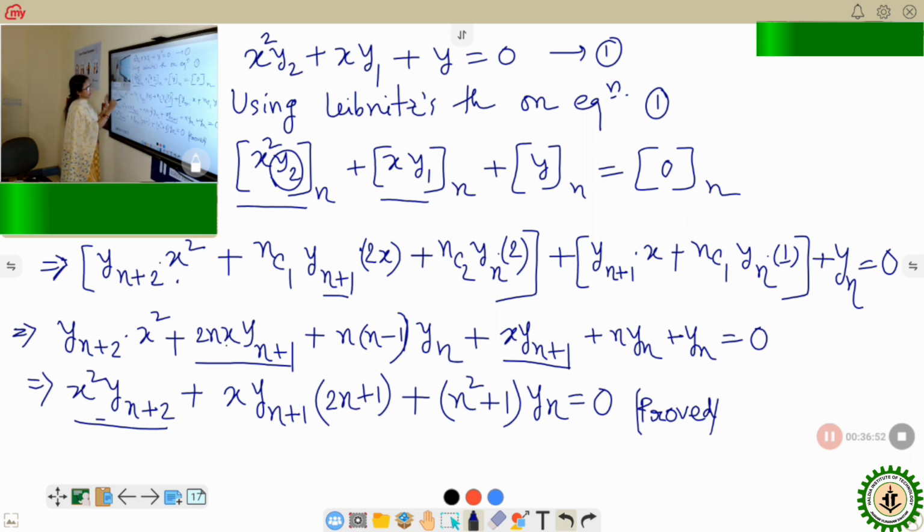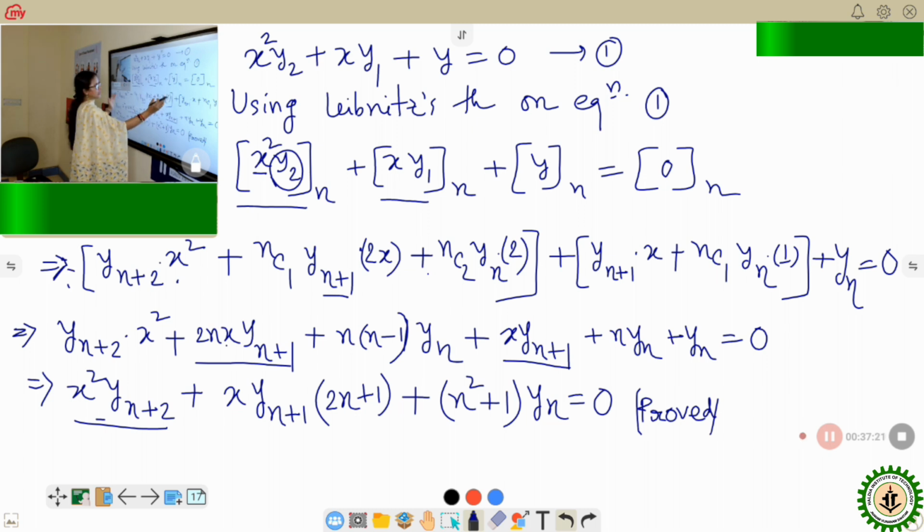That's why y(n+2) into x square plus nC1 u(n-1) v1. That u(n-1) is nothing but y(n+1) into v1, which means 2x, plus nC2 u(n-2) v2. u(n-2) means yn will come and v2 means 2 will come.